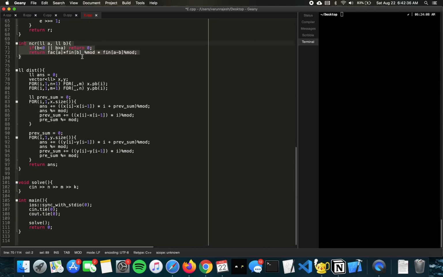So now we just have to preset the values of fac and fin, right?